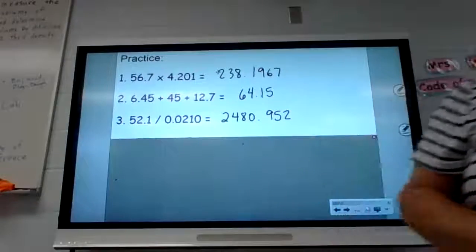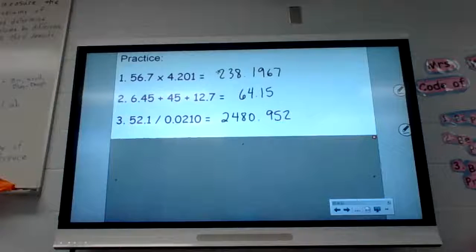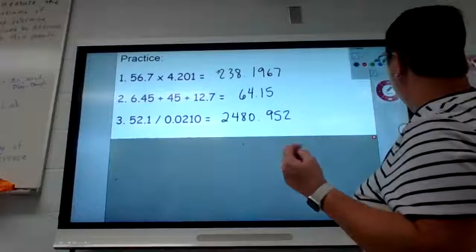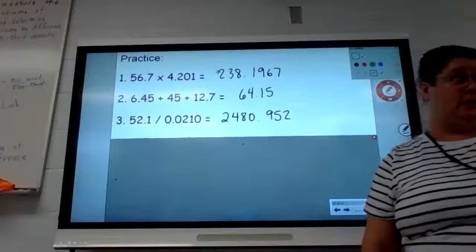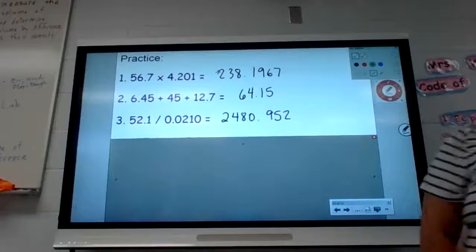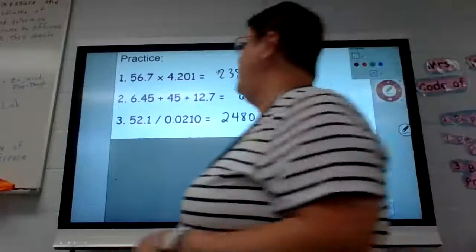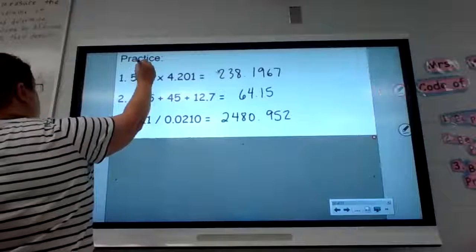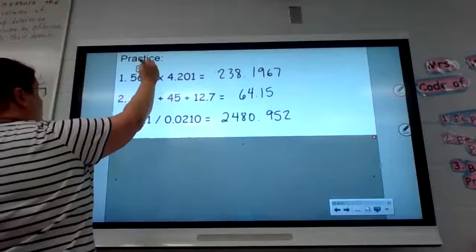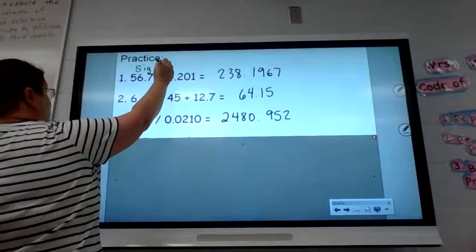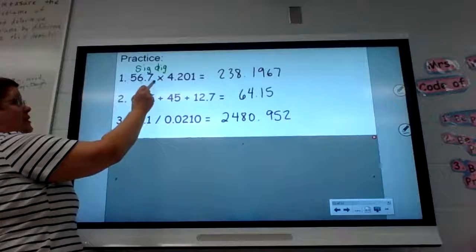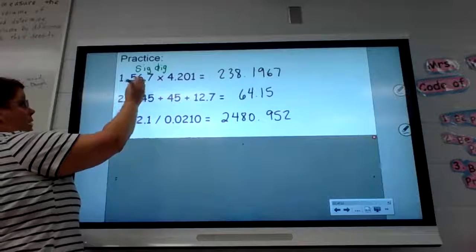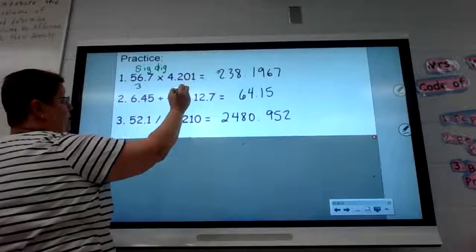So now that we've calculated them, we need to apply the rules and round. So in number 1, which rule are we applying? Multiplication and division or addition and subtraction? Since this is multiplication, we're doing significant digits. How many total significant digits are here? 3. How many significant digits are here? 4.